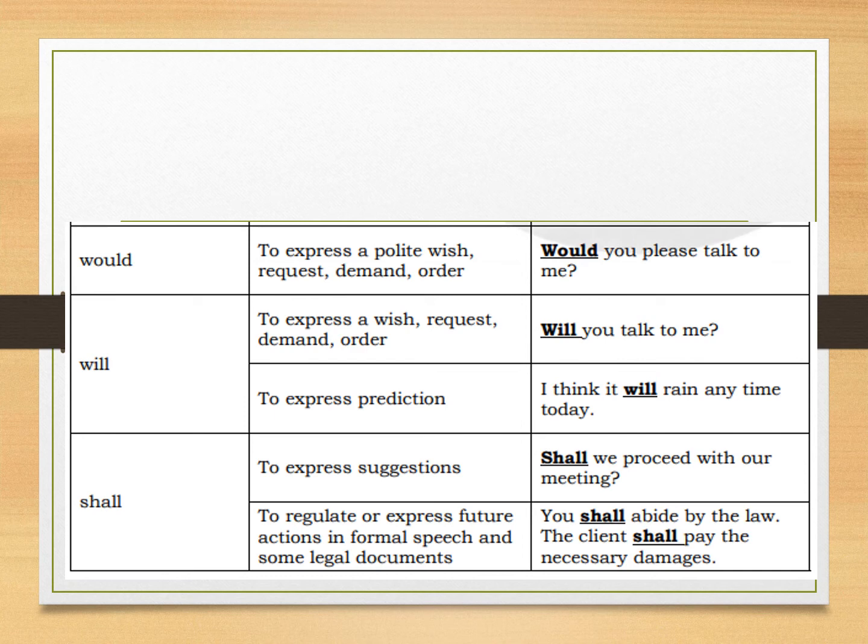Example: Shall we proceed with our meeting? Another use for shall is to regulate or express future actions in formal speech and some legal documents. Examples: You shall abide by the law, and the client shall pay the necessary damages.